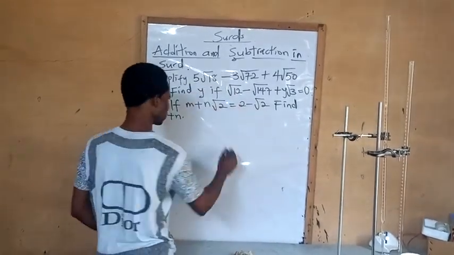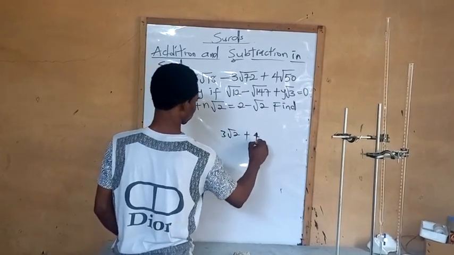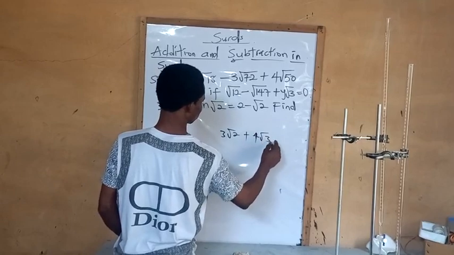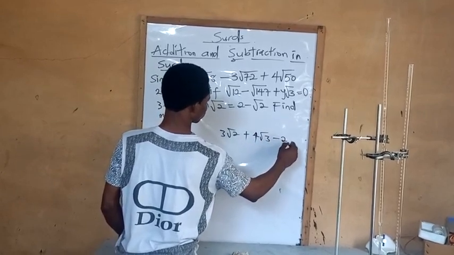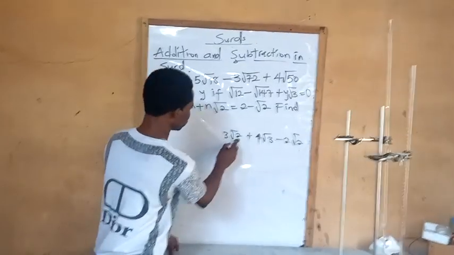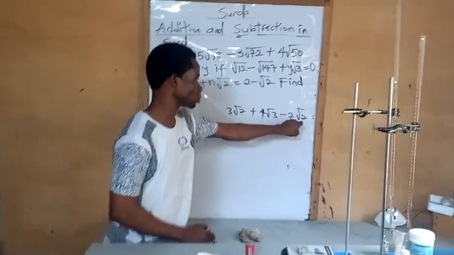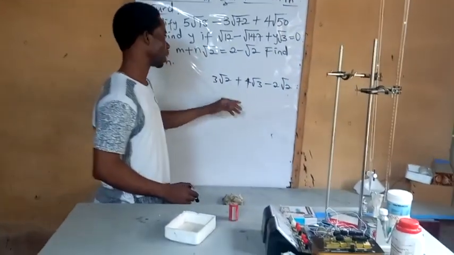Let's say we have 3 root 2 plus 4 root 3 minus 2 root 2. Look at this one. This guy is having root 2, this guy is having root 2, this guy is having root 3. So this and this are compatible, but this one is not in line with them.